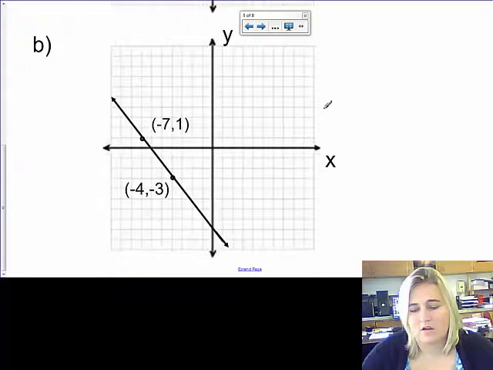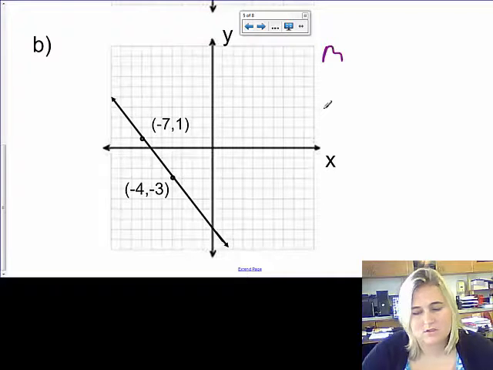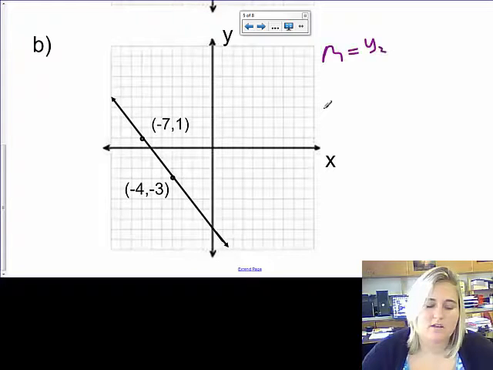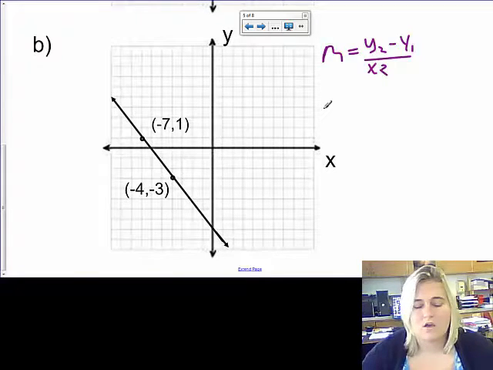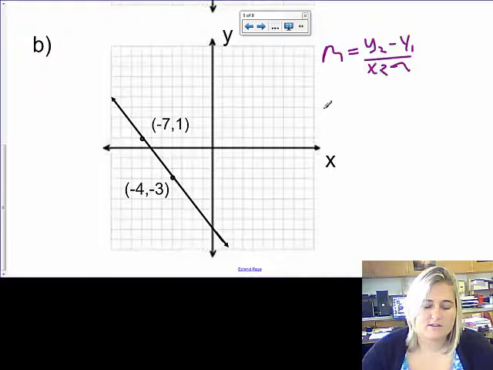On B, once again, we start by writing our equation. m equals y sub 2 minus y sub 1 over x sub 2 minus x sub 1. So I'm going to label these starting from left to right.